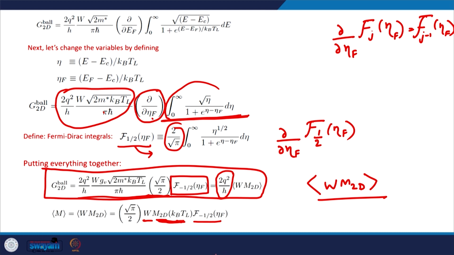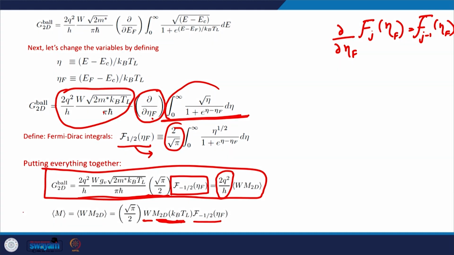And as I just mentioned a few minutes back, in the case of non-degenerate semiconductors, the Fermi-Dirac integral can be evaluated quite easily. It becomes just the exponential of eta_F.